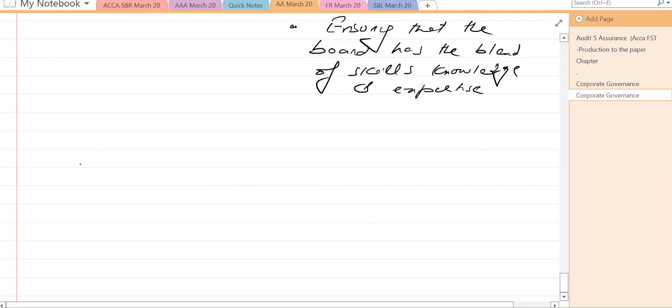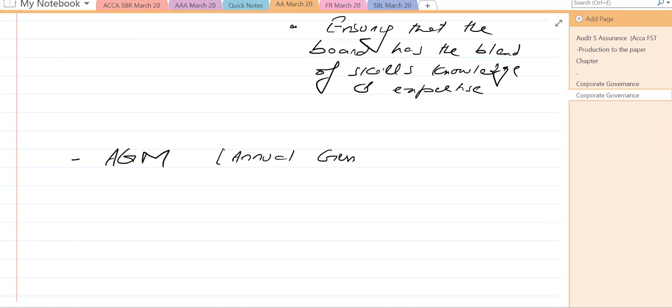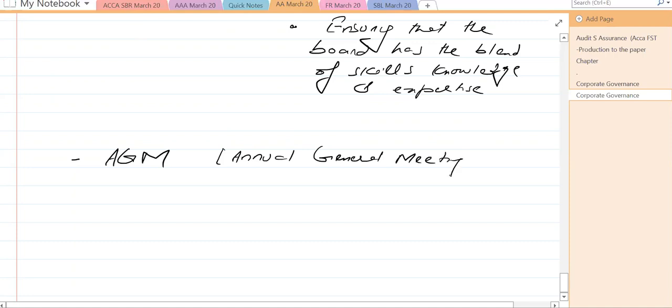Okay, then a few more things such as AGM. Now AGM is the annual general meeting. It is the responsibility of the chairman to ensure that they are conducting an AGM and they are motivating the shareholders to attend that.